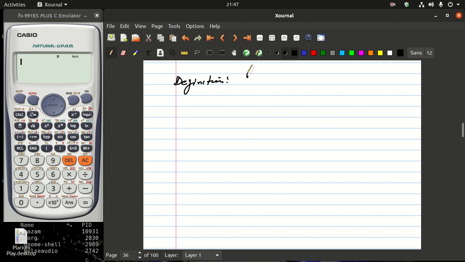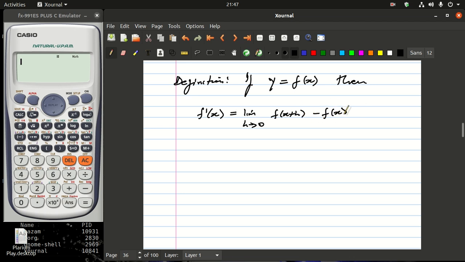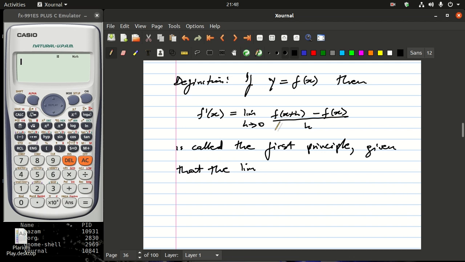By definition we say that if y is equal to f of x, then f prime of x is equal to the limit as h approaches 0 of f of x plus h minus f of x all over h, and this is called the first principle of calculus, given that this limit exists. So that's what is happening. This one here is called that.